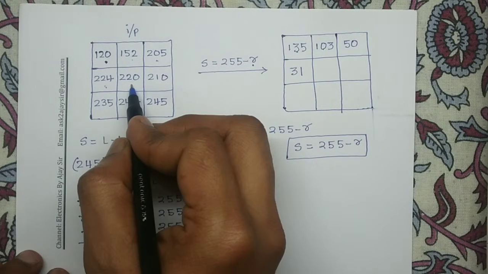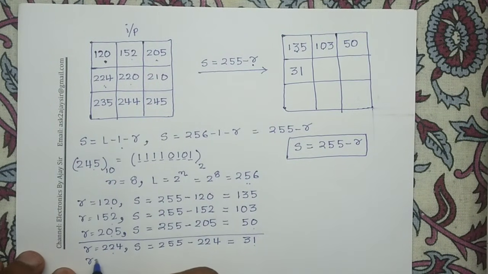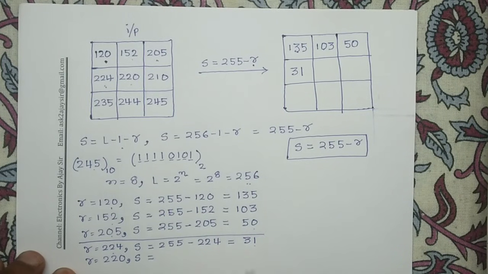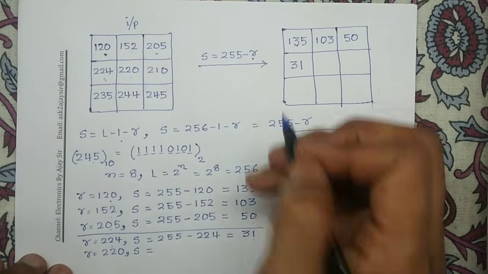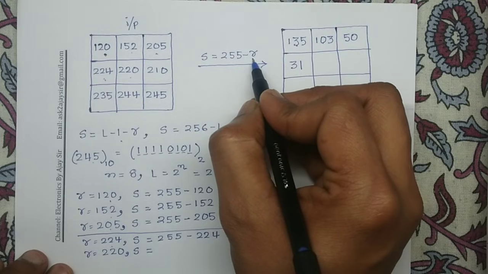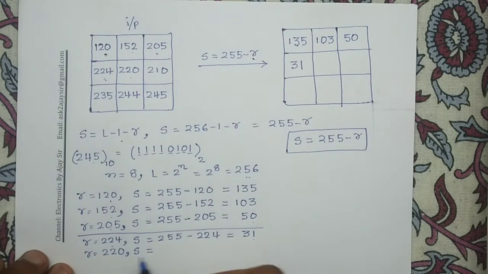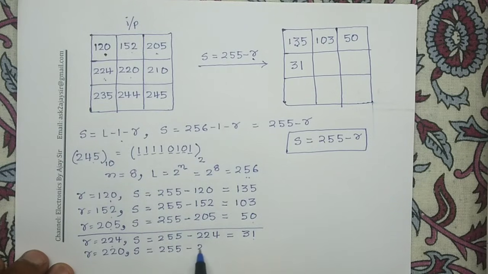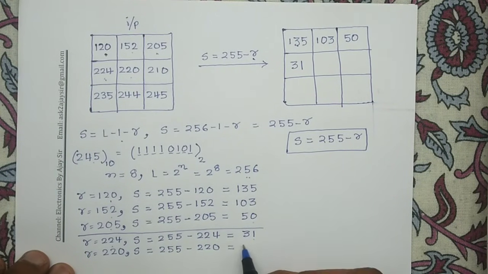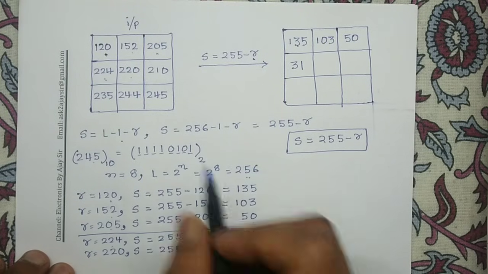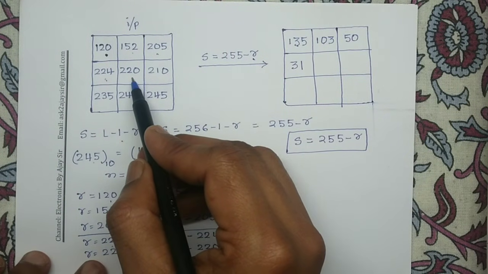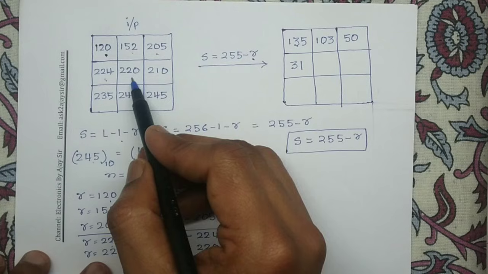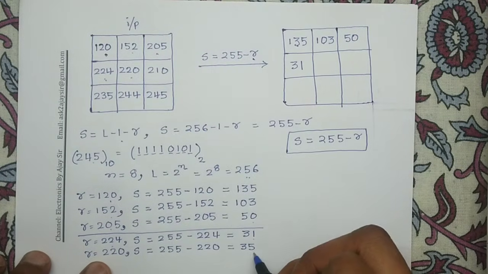Similarly, for this input intensity level 220, if you compute the output intensity level, with a similar approach, in place of R, I will substitute 220. So the equation of S becomes 255 minus 220, that is equals to 35. So for this given input pixel intensity level 220, we have determined the output pixel intensity level 35.